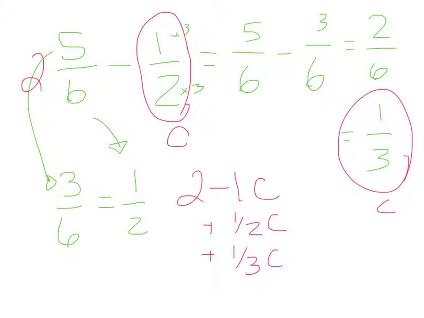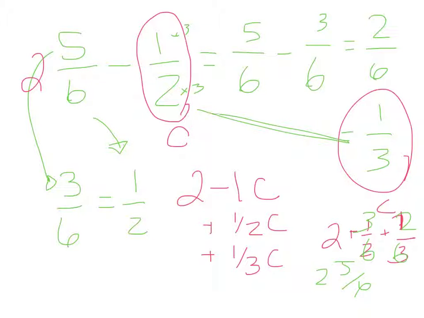And I could always check that by going 2 plus a 1/2 plus a 1/3, and this will become a 6 and a 3, a 6 and a 2. So now I have 2 and 5/6, and I know my answer was correct. So 2 different methods, 2 different amounts of measuring utensils. One might be more efficient to actually measure than the other, but both will get me the amount of ingredients that I need.